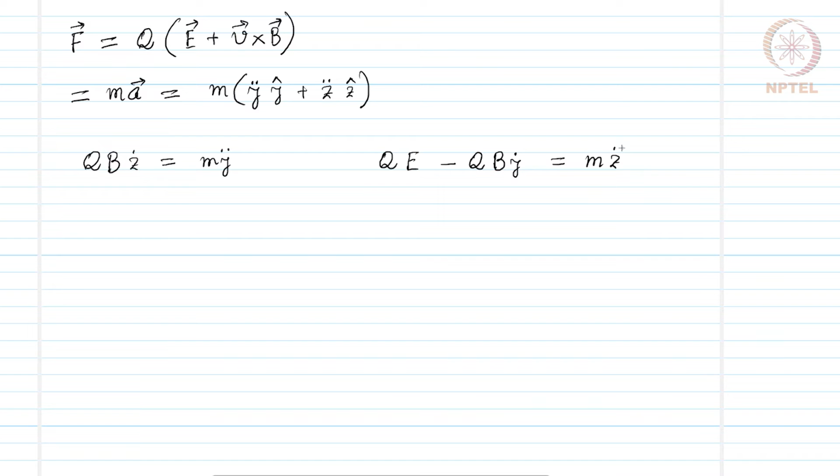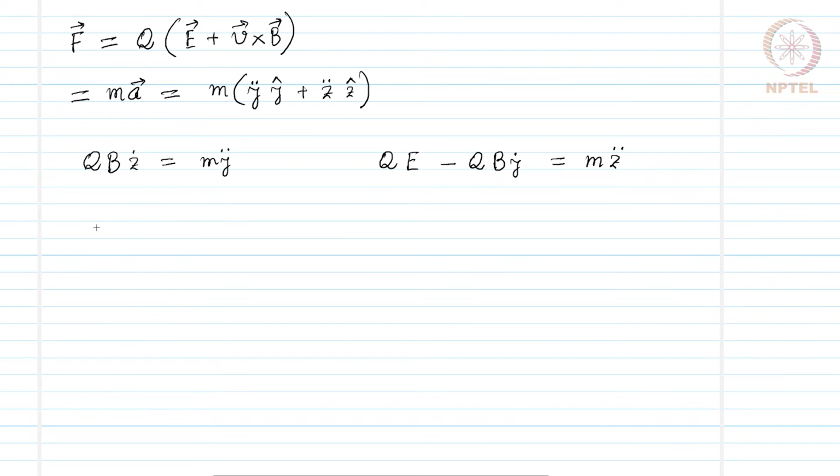That means we have a second order differential equation, second order in time, and these are coupled. So, y double dot has z dot in it and z double dot has y dot in it.